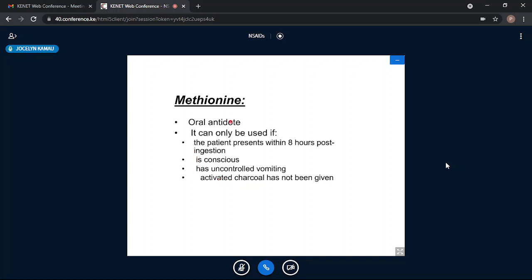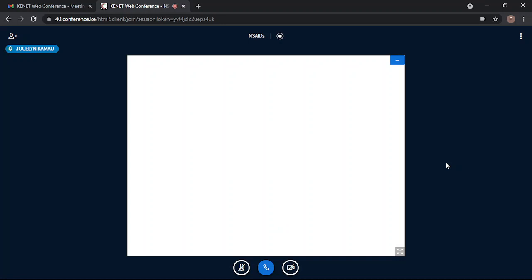So we need to correct there. Because it's an oral antidote, it can only be given within 8 hours post ingestion. The patient, of course, must be conscious to be able to swallow. If they have uncontrolled vomiting, they just vomit it out. And if you have given activated charcoal, remember, it will absorb the drug, and therefore the drug will not have any activity.